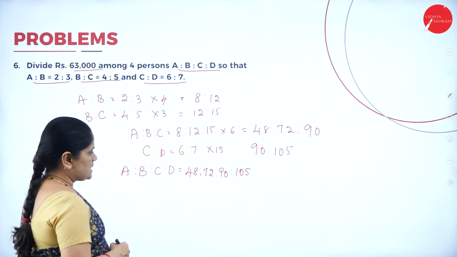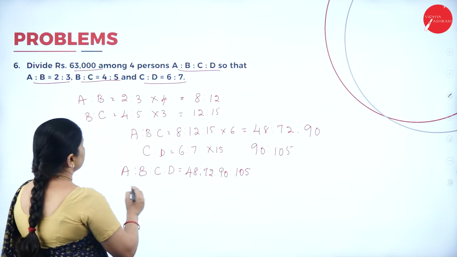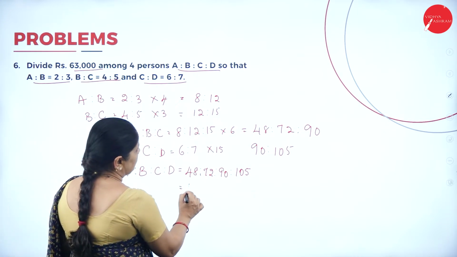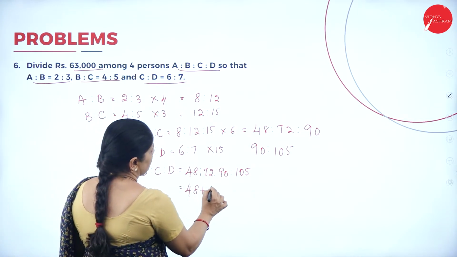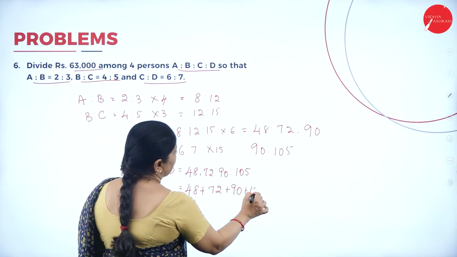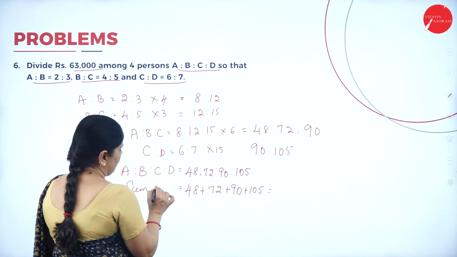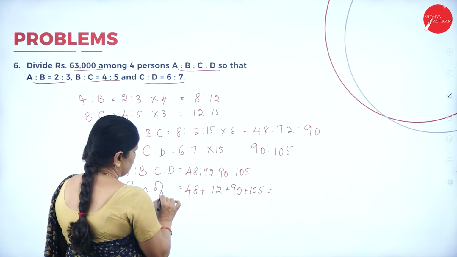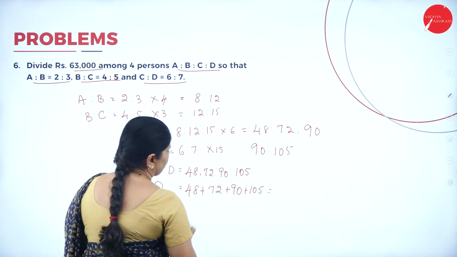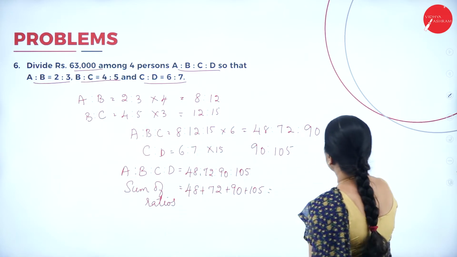So we will just divide this number. When I add all the ratios, I'll write sum of ratios equals 48 plus 72 plus 90 plus 105.